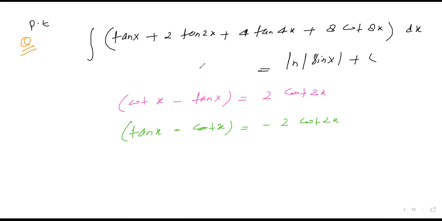So basically you have to transform this complicated integrand into the simplest form by using some formulas, some identities. You need a minus cot x to simplify this overall series. For that I am going to add and subtract cot x in this series.